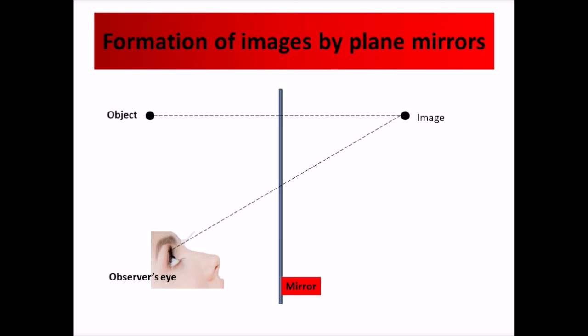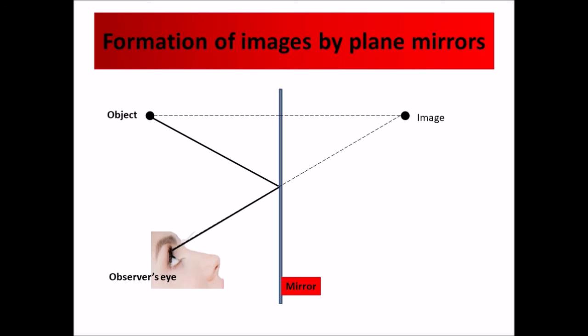So the point where that line meets the mirror is the point of reflection. So we will draw the incident ray from the object to the point of reflection, like that. Then the reflected ray from the point of reflection to the observer's eye.